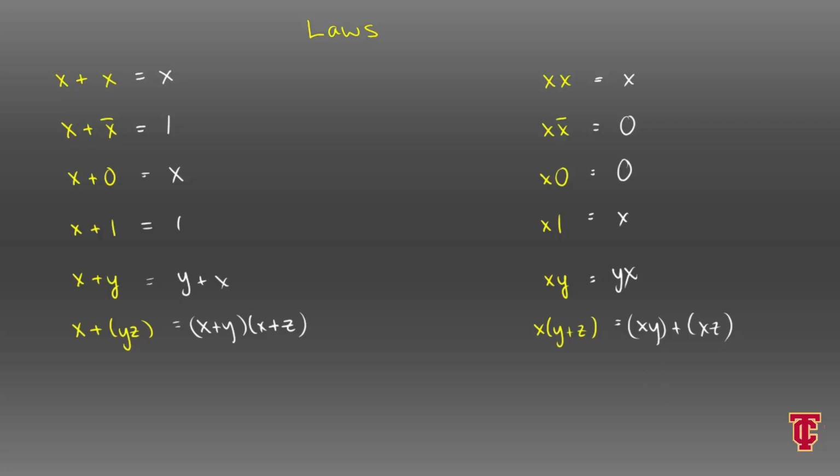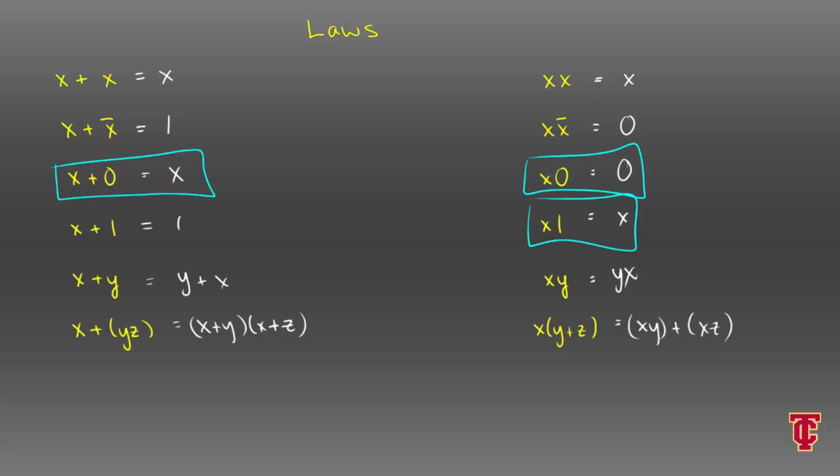For instance, x plus 0 being x, or x or false being x, just follows naturally from how addition works. The same with x times 0 giving us 0; that's x and false giving us a false. It's the same way with x times 1: x and true, we get x back.